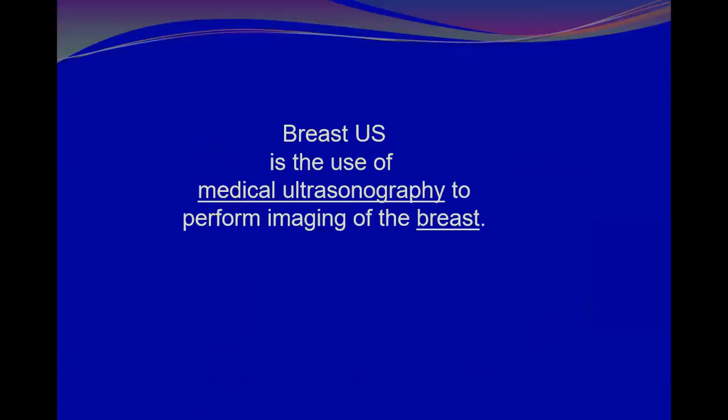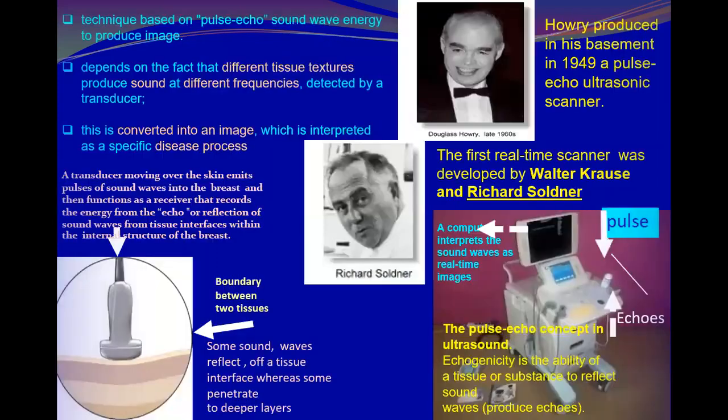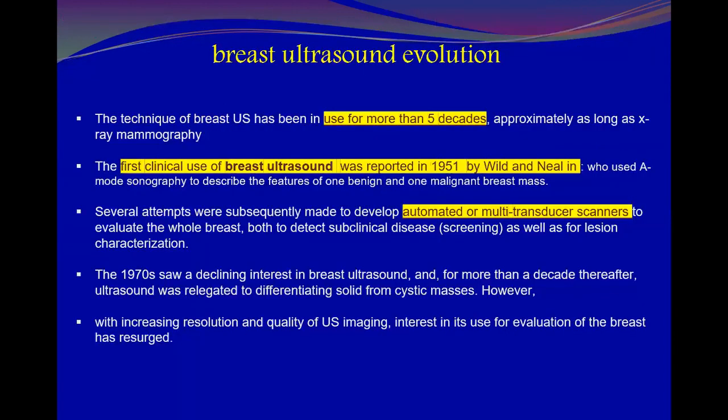Breast ultrasound is the use of medical ultrasound or ultrasonography to perform imaging of the breast, having the same concepts of medical ultrasound, okay, using the same machines, and it started about 5 decades earlier, as long as mammography.